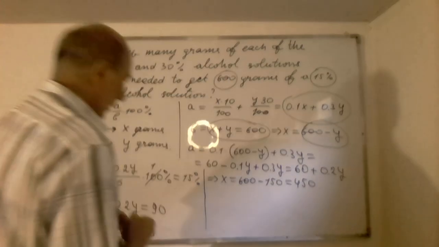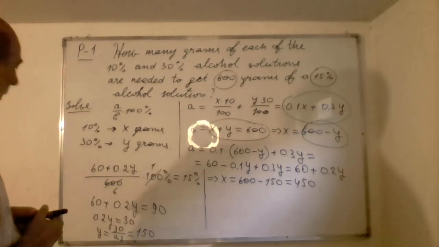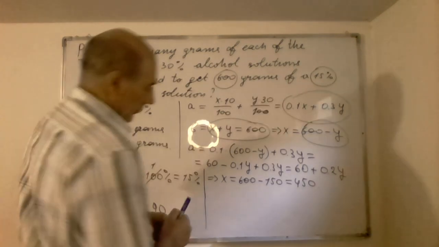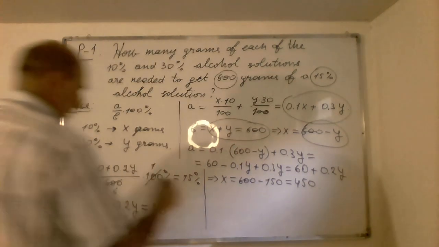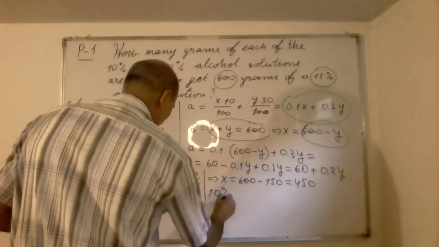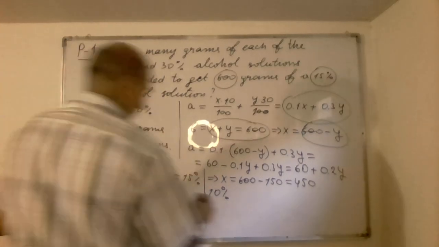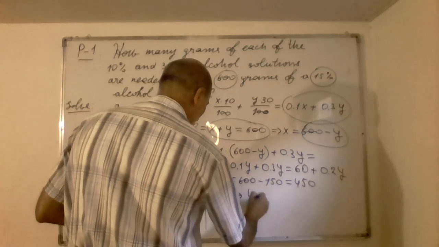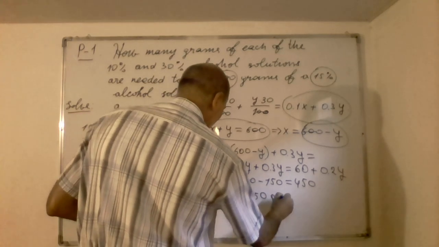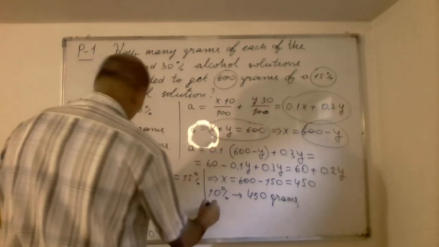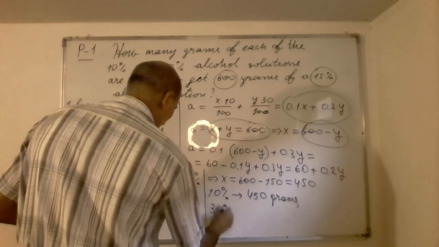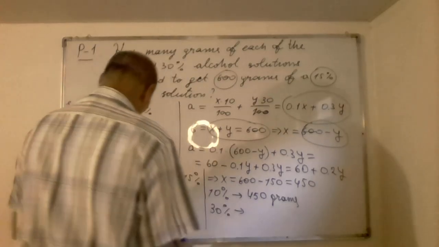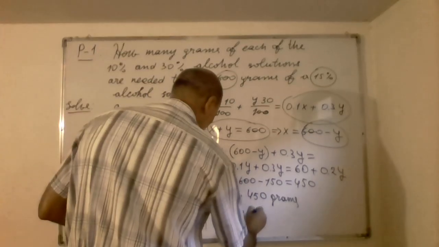And then we can find: the 10% alcohol solution is needed 450 grams. This 30% alcohol solution is needed 150 grams.